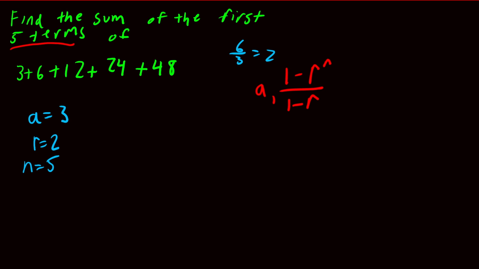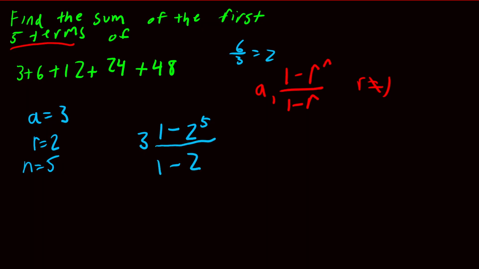And r cannot equal 1, otherwise the bottom's going to blow up. Now that we have our numbers, this is going to be simple. a1 is 3, so 3 times (1 minus 2 to the 5) over 1 minus 2.